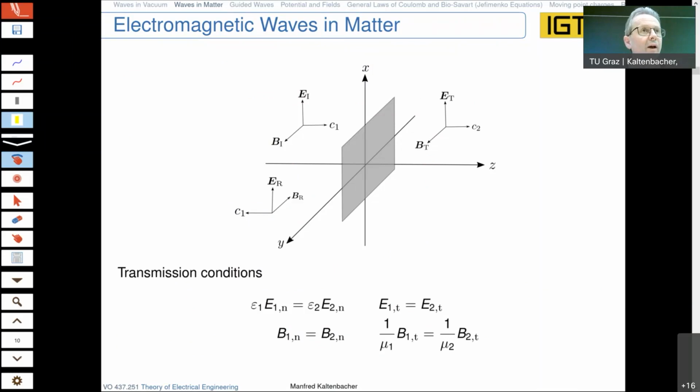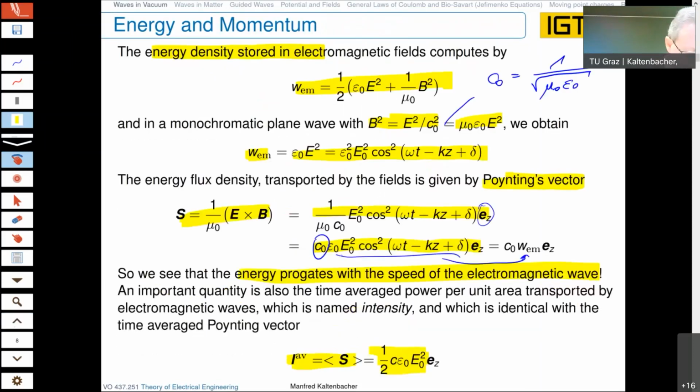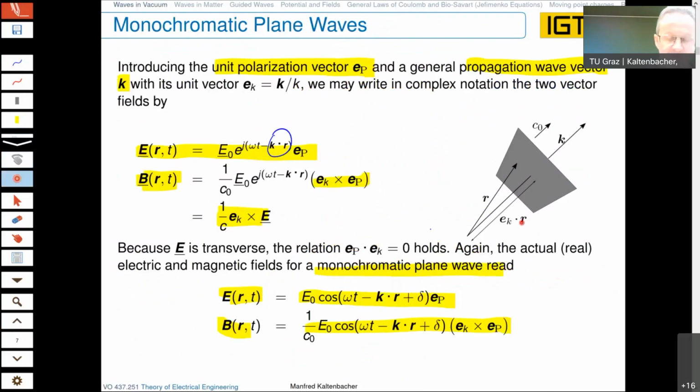We will discuss this for the simple case that the wave is impinging orthogonal to this interface. It can have any direction, as we have discussed in this case here. That will be a little more involved, but it is something you have already seen in a simpler case in optics, perhaps in school. But here clearly we have electromagnetic waves, with all the background of fields.